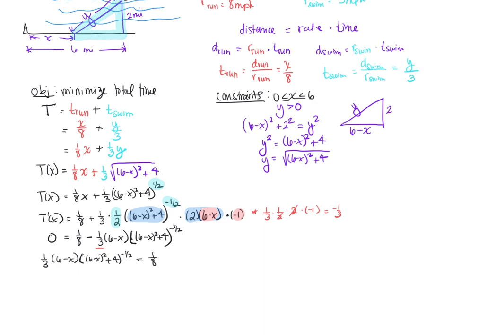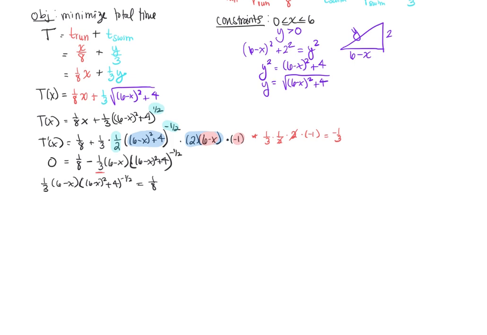If we rewrite the left-hand side a little bit, the 3's in the denominator, the 6 minus x is in the numerator, and the square root goes into the denominator because it has a negative exponent. So we would just have 6 minus x over 3, which is still in the denominator, and the root of (6 minus x)² plus 4.